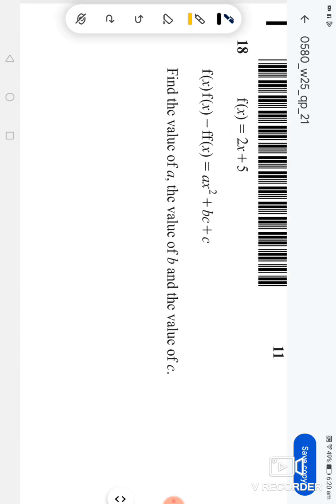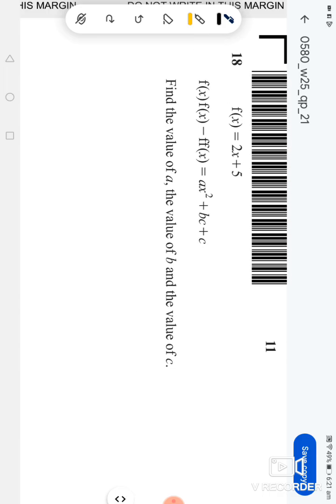Question number 18. f(x) equal 2x plus 5. f(x) minus f(x) equal ax square plus bx plus c. Find out the value of a, the value of b, and value of c.